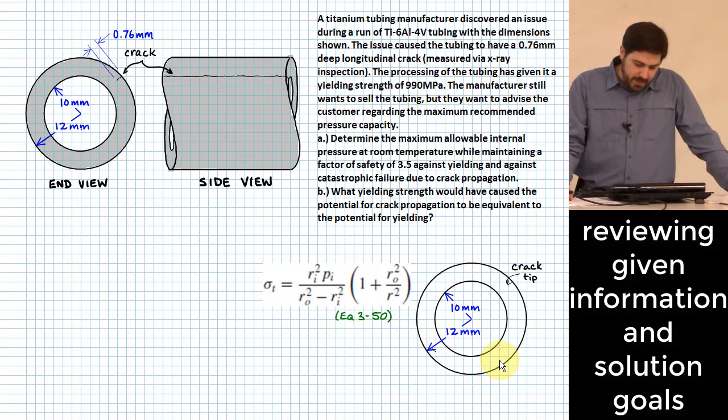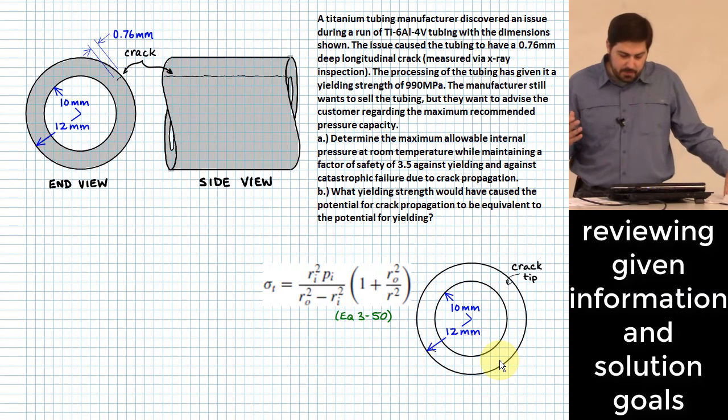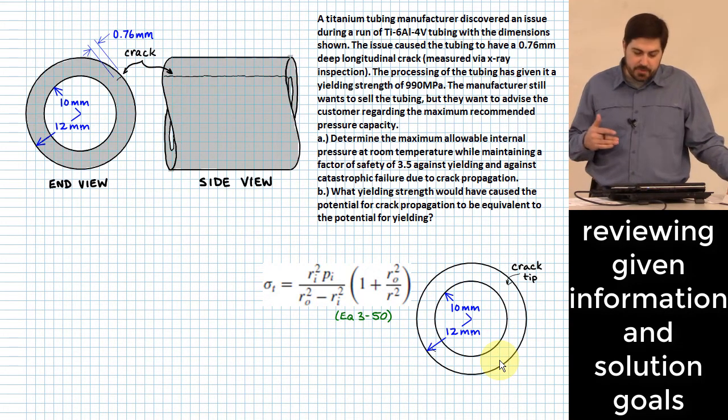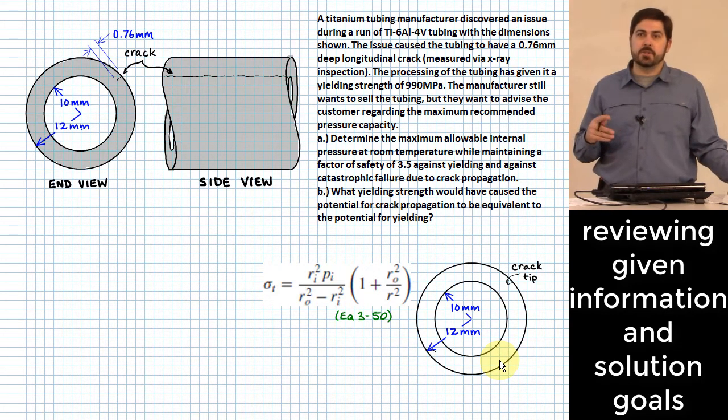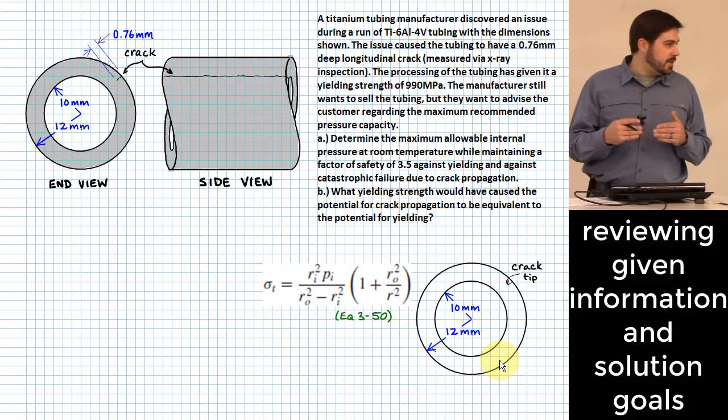All right, part A, it says determine the maximum allowable internal pressure at room temperature while maintaining a factor of safety of 3.5 against yielding and against catastrophic failure due to crack propagation. Okay, so this actually introduces another idea here, that there's more than one way to fail these materials.